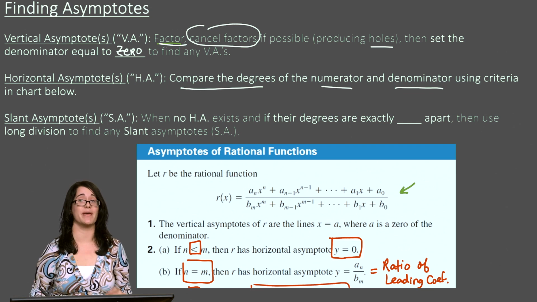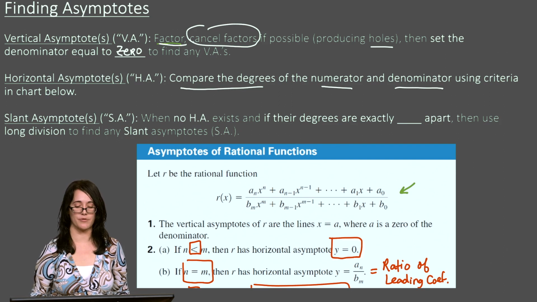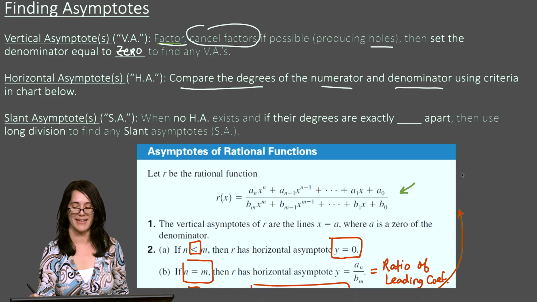But there could have been potentially a slant asymptote. So at the bottom here, if you can't see it because I planned poorly for that part, sorry. The third part there was that if the degree of the numerator was larger than the degree of the denominator, then there was no horizontal asymptote, but maybe a slant asymptote.